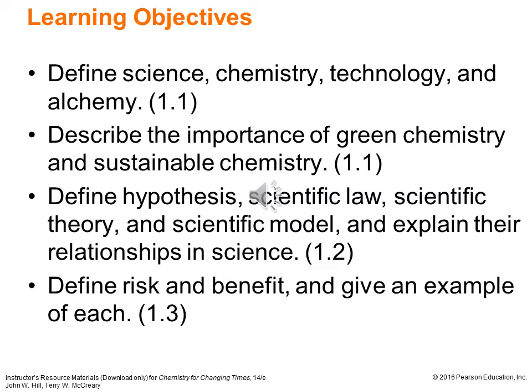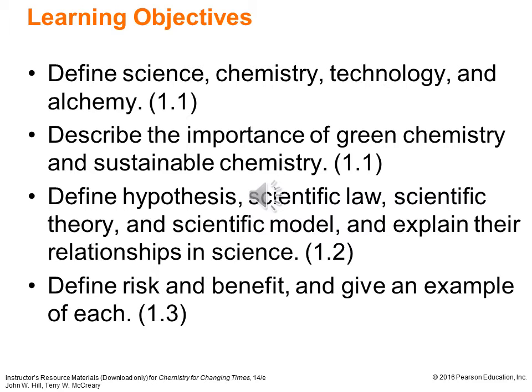Alright, so in this first chapter of the course, we have a number of learning objectives or learning outcomes for you. We'll be able to define science, chemistry, technology, and alchemy as one of our learning outcomes. We'll also be able to describe the importance of green chemistry and sustainable chemistry, which should be the goal of all of us as chemists or individuals who've had some college chemistry. We'll define a hypothesis, scientific law, scientific theory, and scientific model, and explain their relationships in science.